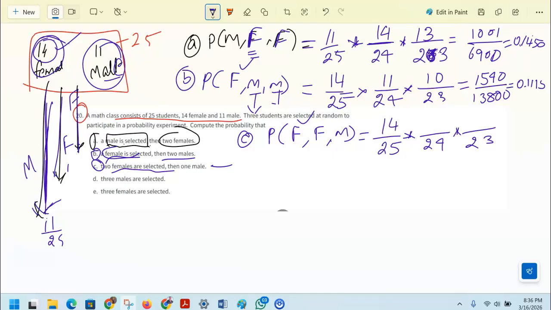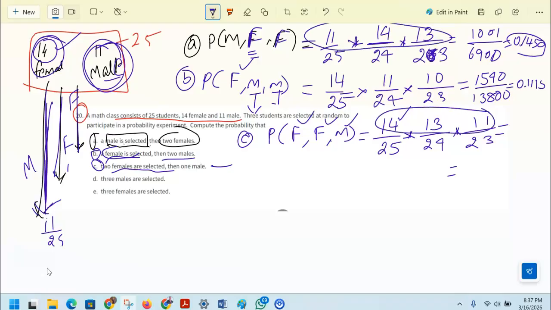And then the second female will be out of 13, because one of the 14 is gone. And then we have male, there are 11. And if you multiply this, you're going to get the same answer as before because you'll see these three numbers are the same here. So you end up getting the same probability, 0.1450.